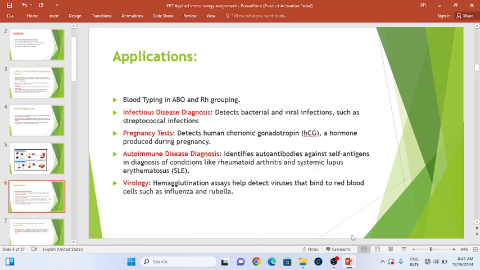It is applied in autoimmune disease diagnosis, where we identify autoantibodies against self antigen in diagnosis of conditions like rheumatoid arthritis and systemic lupus erythematosus. And agglutination is used in virology, where hemagglutination assay helps to detect viruses that bind to red blood cells, such as influenza and rubella virus.